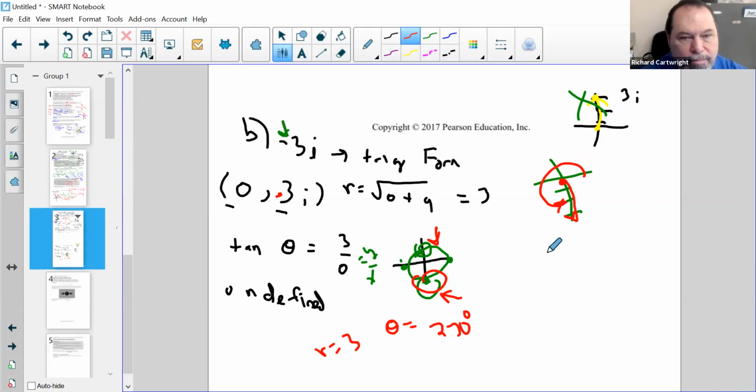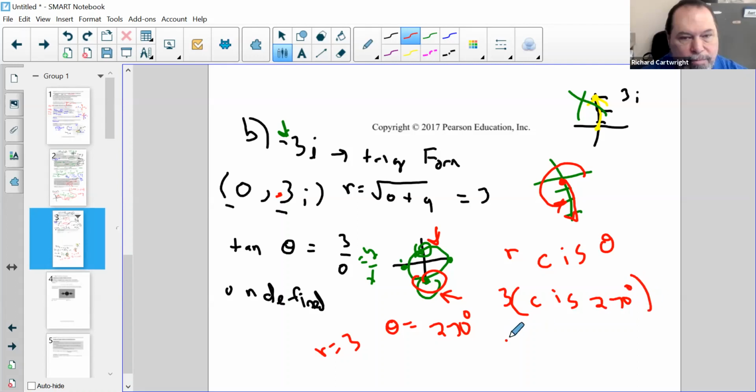So, okay, how do I write my answer? My answer I could say is r cis of theta, which is where I usually like to say r was 3, and then cis of my 270 degrees.